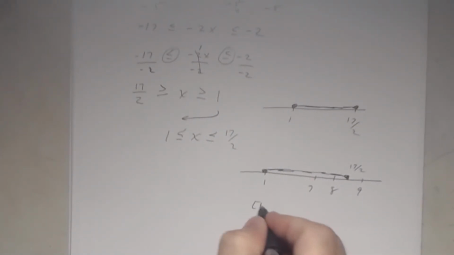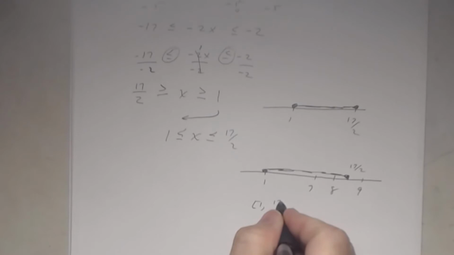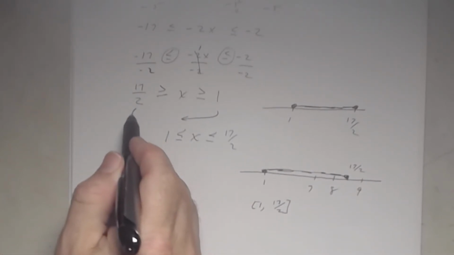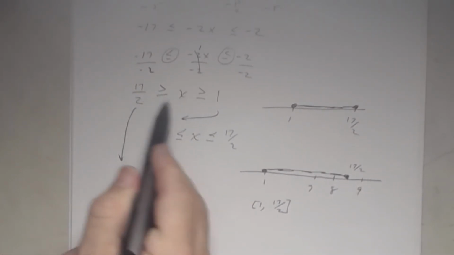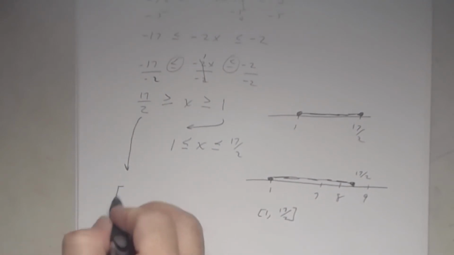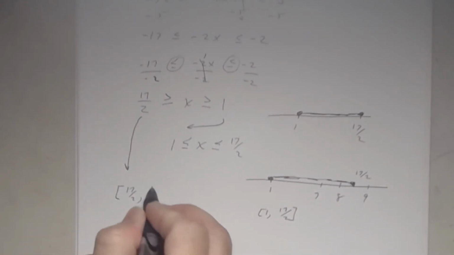Okay? What would the interval notation be? Whether you write 8.5 or 17/2 doesn't matter. All right, but do not do this. Okay, so if you leave it like this, don't say bracket 17/2 comma 1.